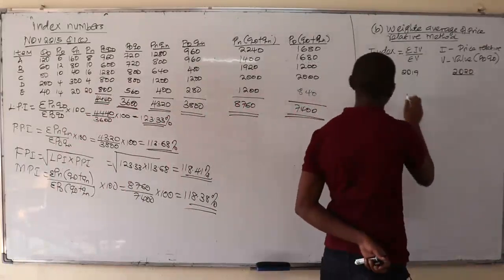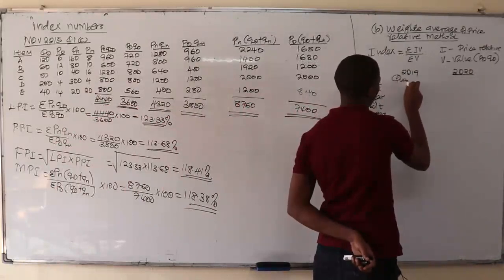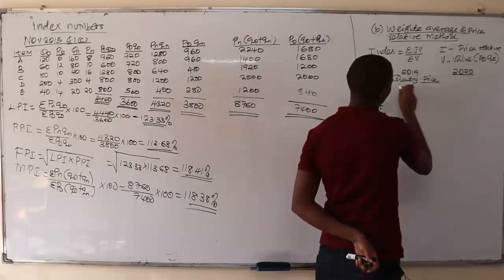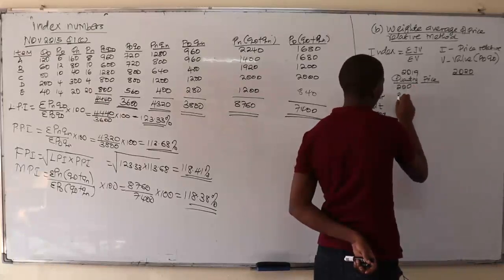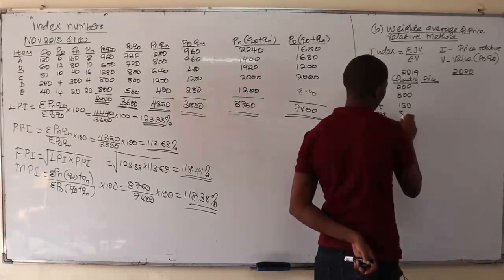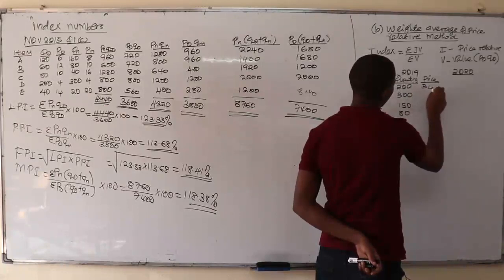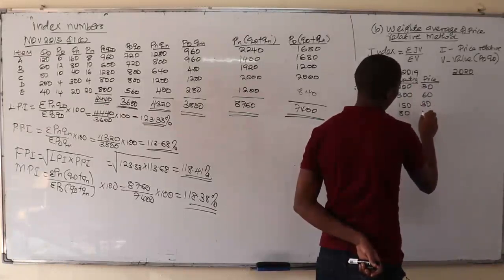I will have the quantity and also the price. Quantity, I can say 200, 300, 150, and 80. Price, this is 30, 20, 60, 30, and this one at 80.